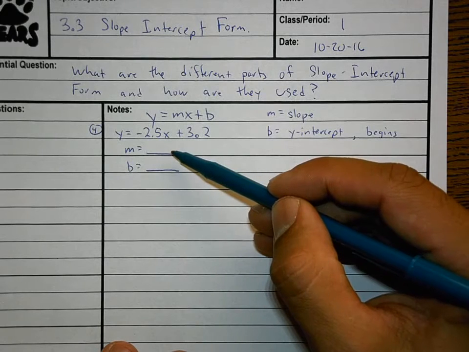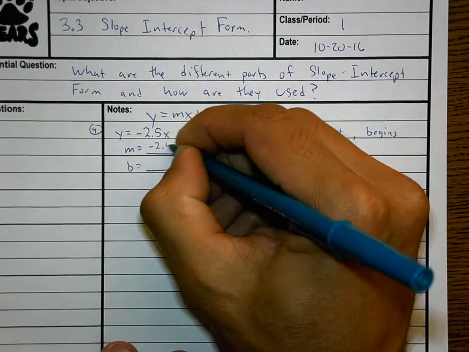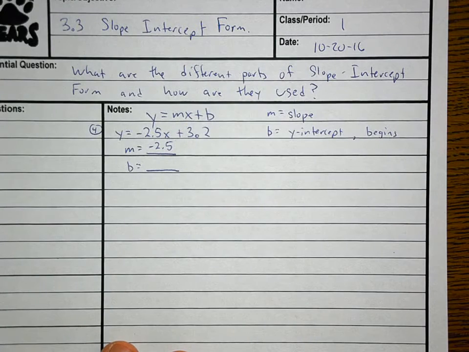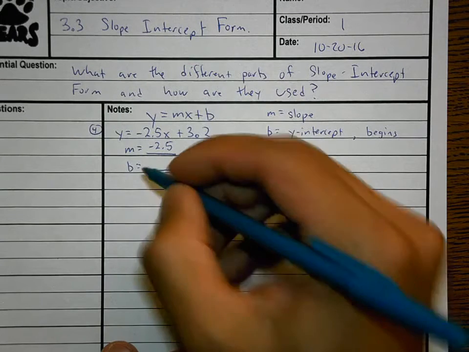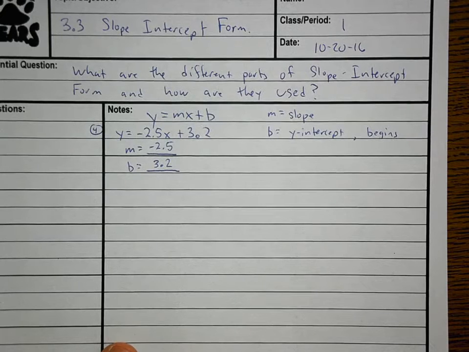What is M? What is your B? If you said those two things, you are correct. Good job. The only way this gets harder is if I were to ask a question that didn't have a slope or didn't have a y-intercept.